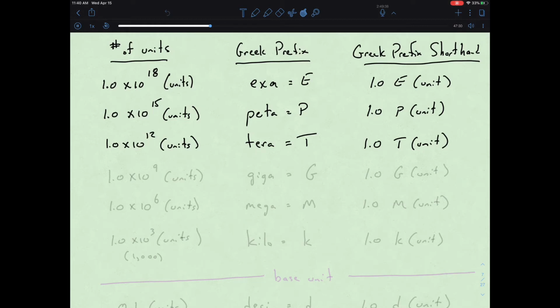You might be familiar with computer drives and things of that nature. We have now drives that are in the terabyte region, right? And that's what that tera is standing for. It's standing for the number of units. In this case, the unit is a byte in terms of how much information that particular hard drive can store.